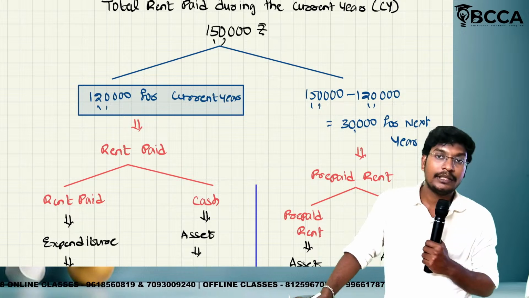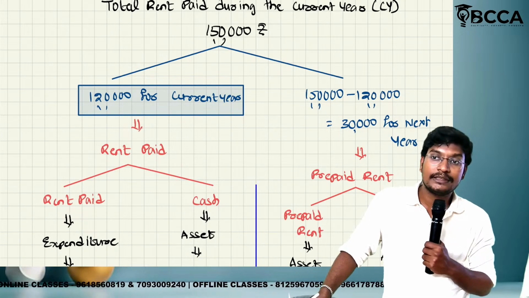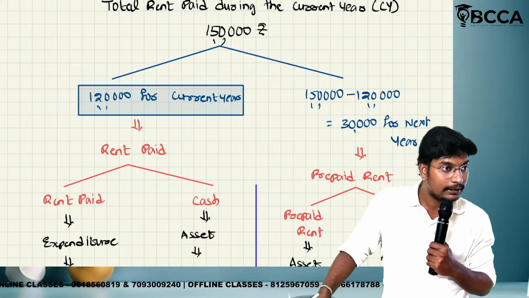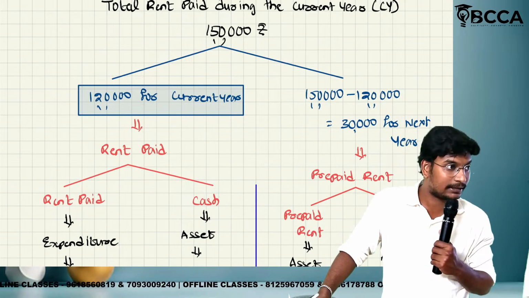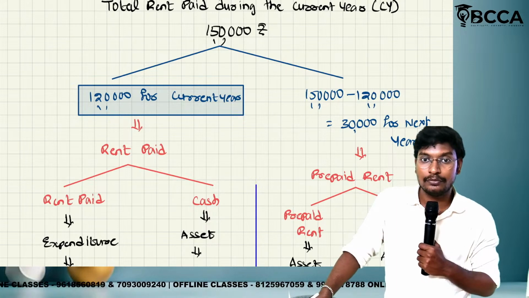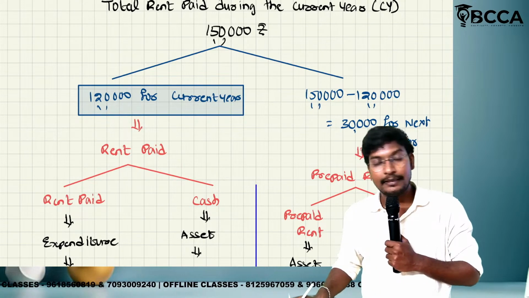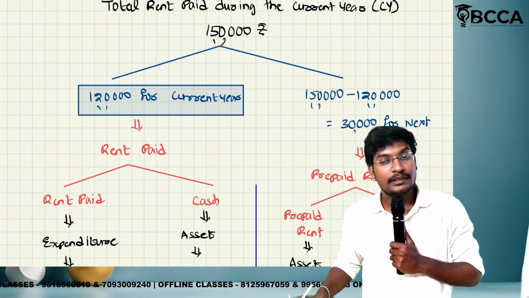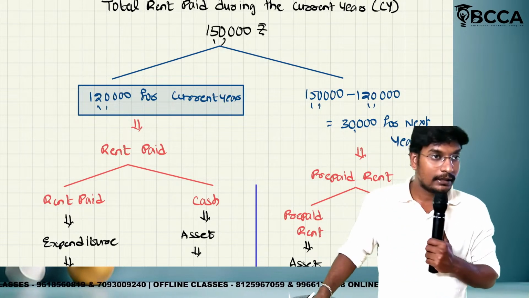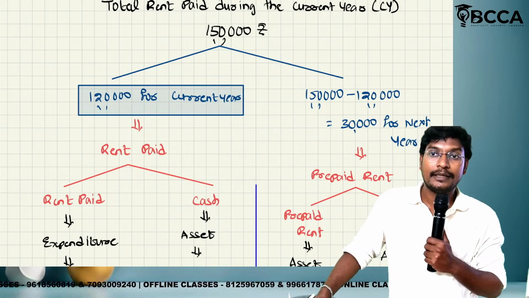Yes or no? Even though we have paid, we should not consider it because it is not related to the current year. Who said that? Accrual concept. So from this point of view, in accrual basis, we should not consider the prepaid expenditure, but in the cash basis, we will consider the prepaid expenditure.